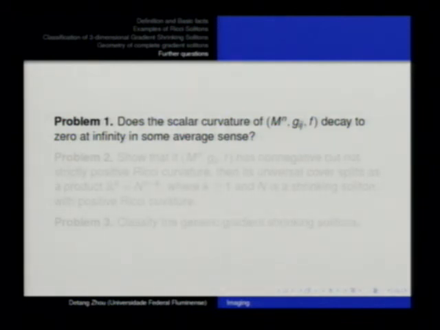But because the volume is infinite, we want to know whether the average of the scalar curvature decays to 0 at infinity. We are wondering, if the manifold is, for example, non-flat with non-negative curvature, whether it should be true or not.